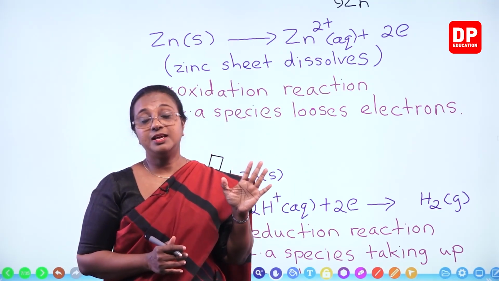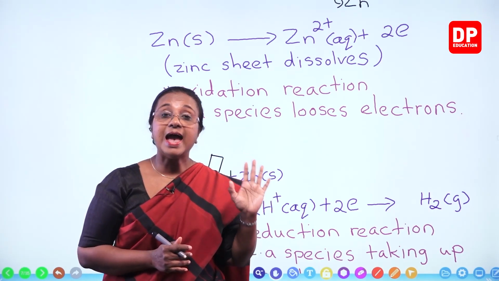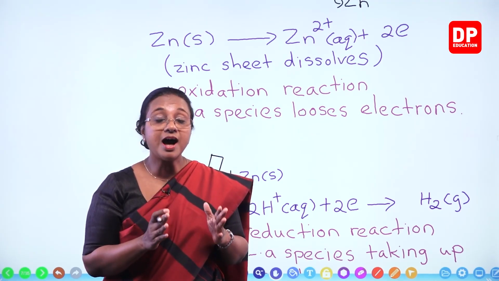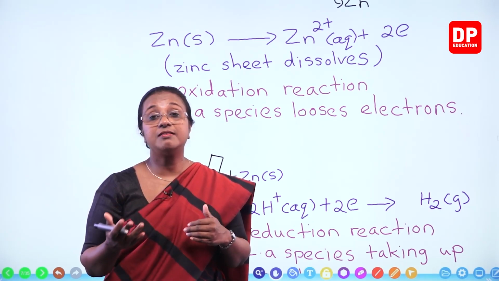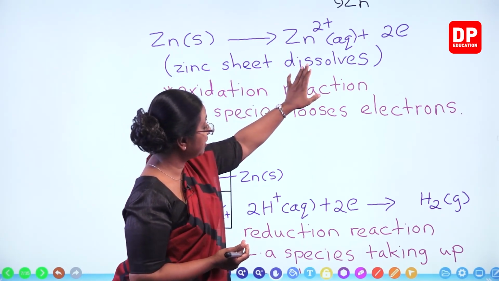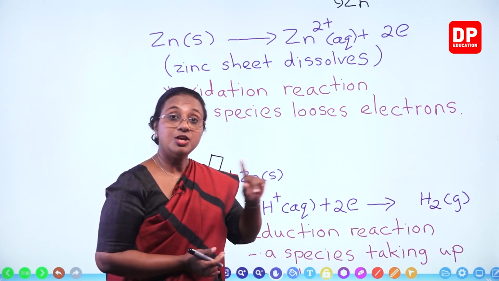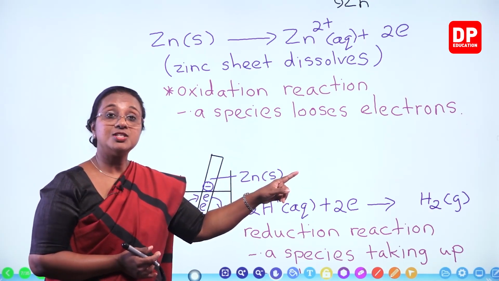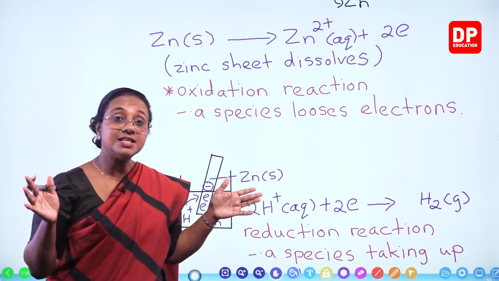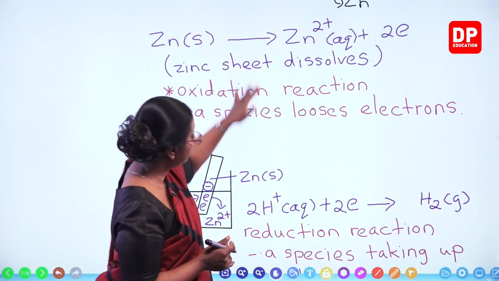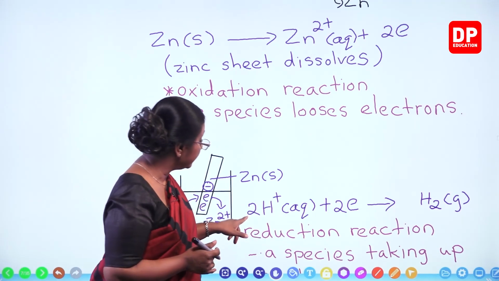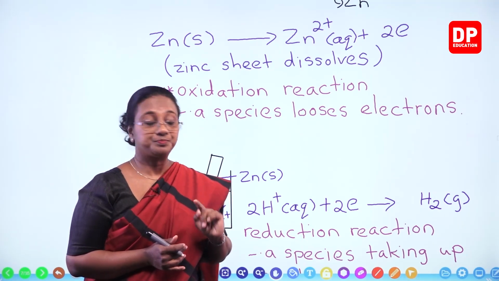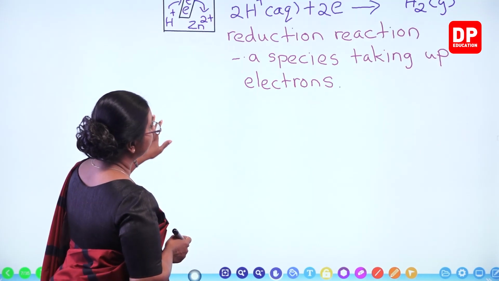When you write an equation with electrons and charges, we call those equations half equations or half reactions, because each is part of the reaction. You all know the complete reaction: zinc with sulfuric acid gives zinc sulfate and H2. Here we have half reactions, and these equations are known as half ionic equations. You have to remember that also.